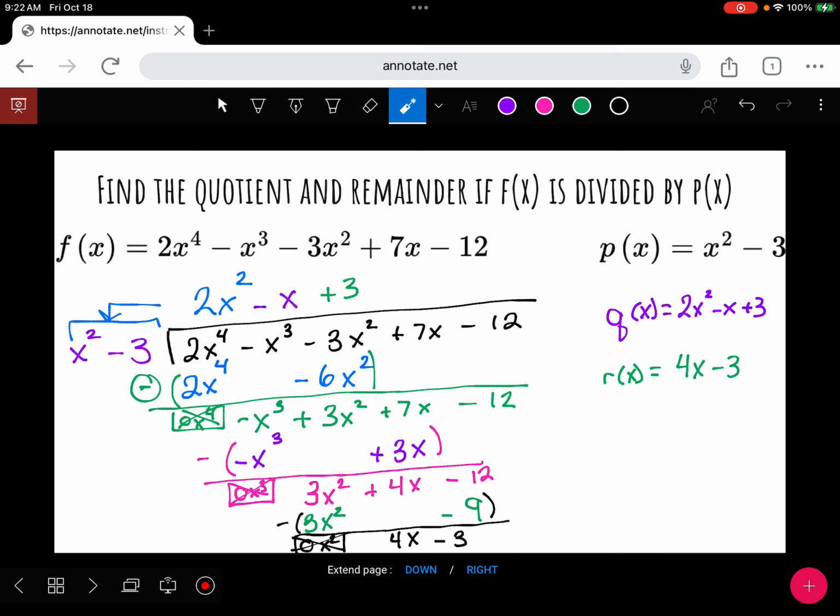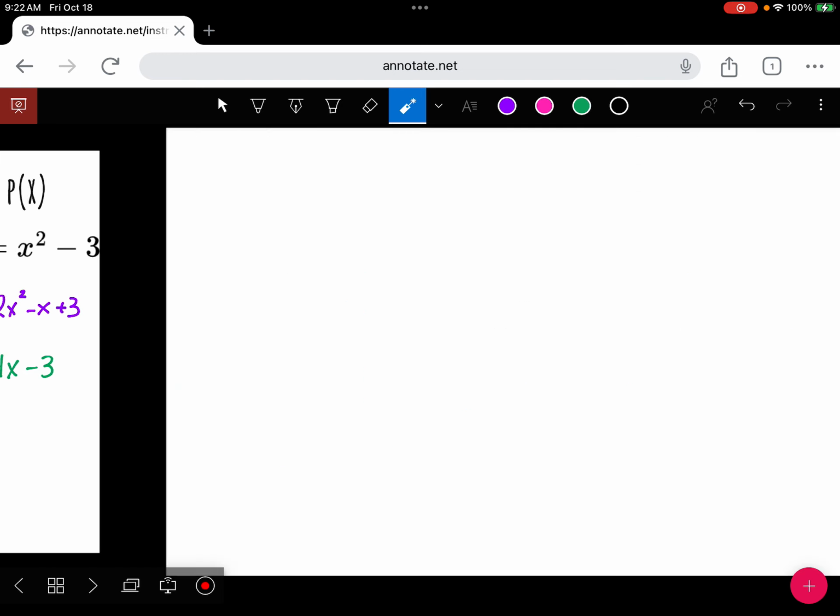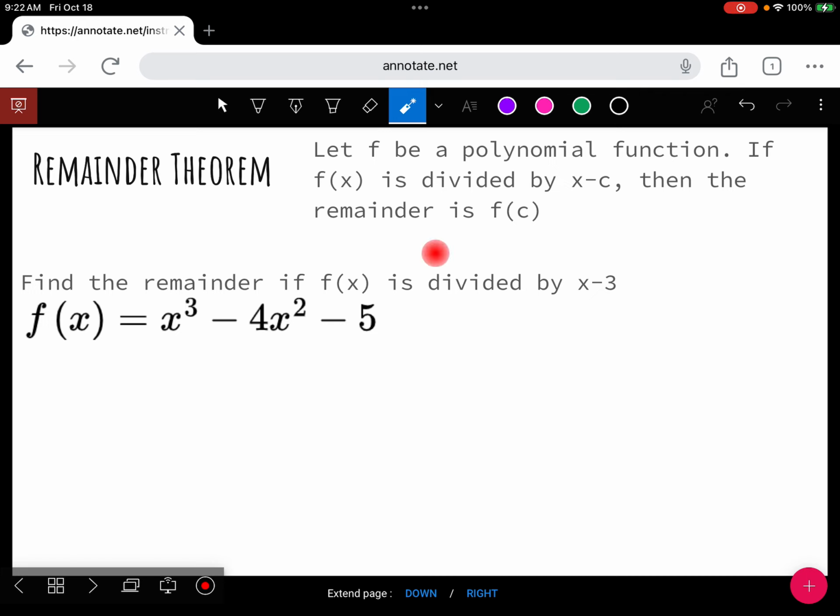But if we have rational roots, we're going to use something called the remainder theorem, which is up here, that says if f of x, our function, is divided by x minus c, then the remainder is f of c. So for our synthetic division, we use the root.